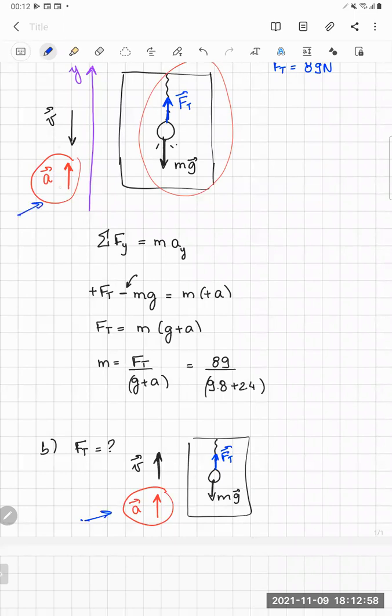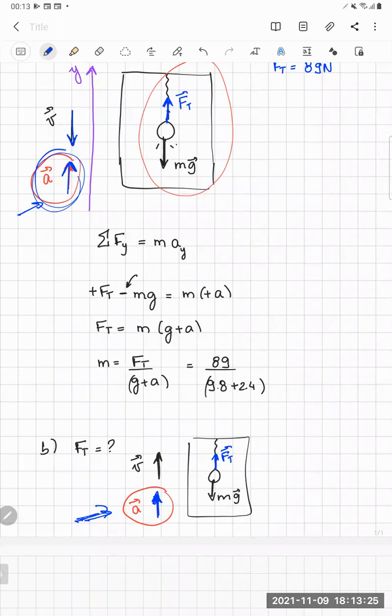Well, because in this problem, the elevator is moving down, but this elevator is slowing down. The speed is decreasing, it's decelerating. The acceleration is opposite to the velocity. In this other scenario, well, the elevator is going up, but it's speeding up. So the acceleration goes together with it. And so at the end, you have the same scenario.